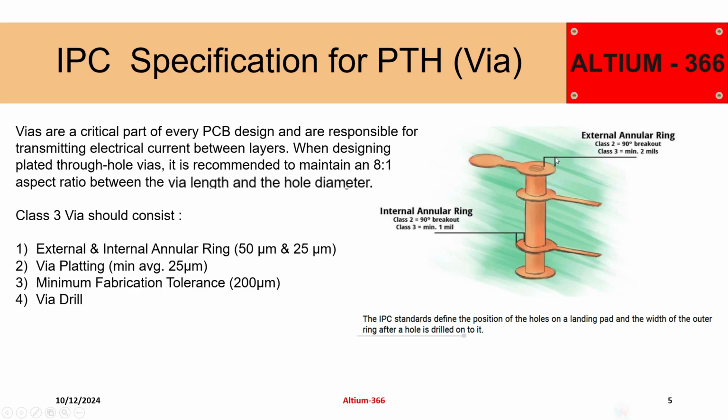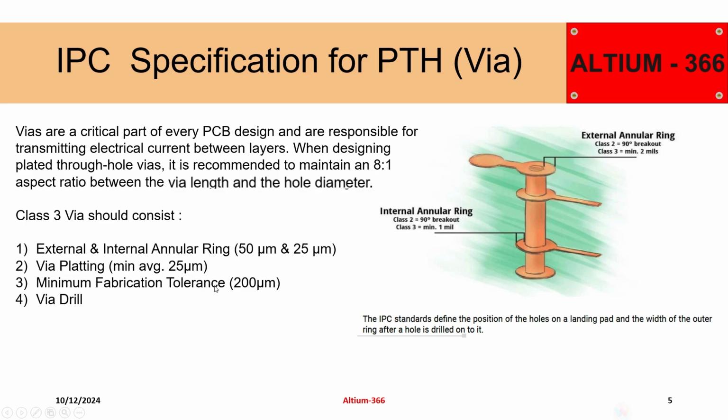If you are designing a product for class 3, it should have an external annular ring of 50 micrometer and an internal annular ring of 25 micrometer. Then it should have the via plating, also known as the via barrel, and the thickness of the via barrel should be minimum 25 micrometer.